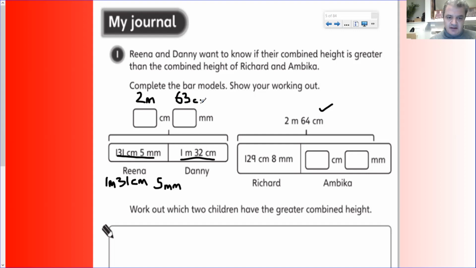Okay, let's leave it there. I've got 2 meters, 63. Now, if I convert that into centimeters, 2 meters is 200 centimeters.